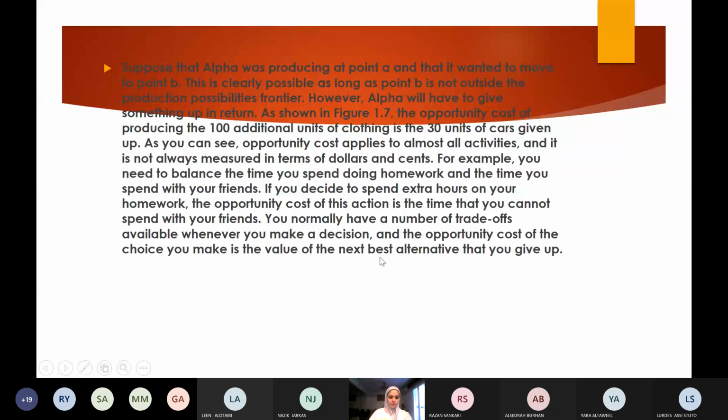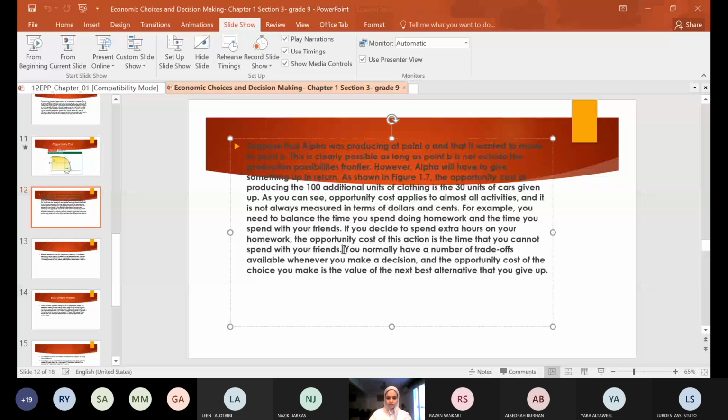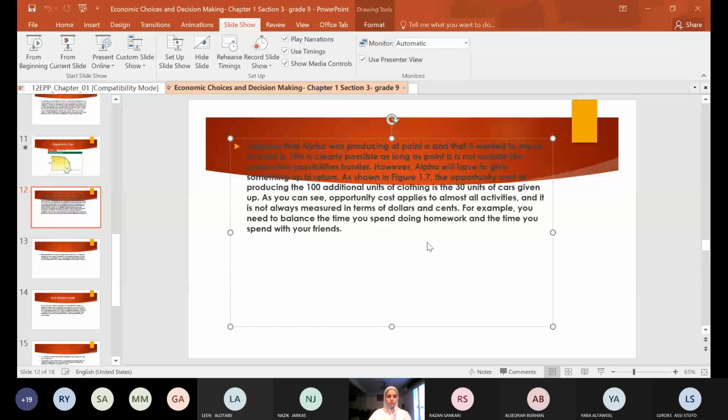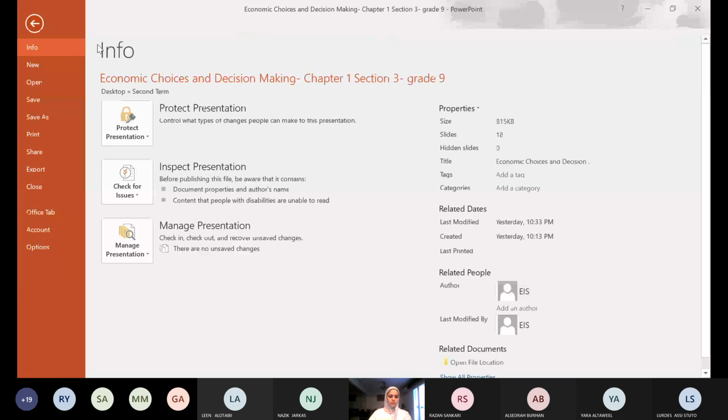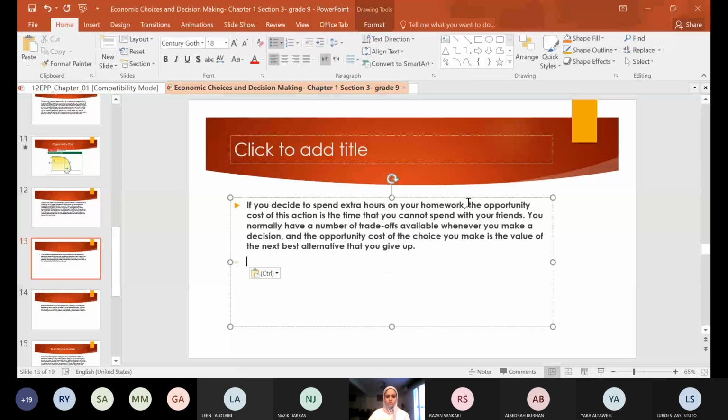Here, girls, look. If you decide to spend extra hours, the opportunity cost is the time you cannot spend with your friends. I will put it in another slide for you. You normally have a number of trade-offs available.